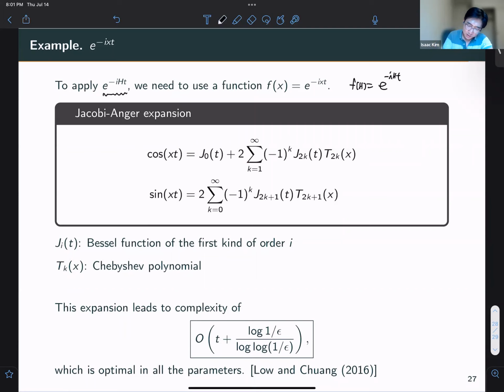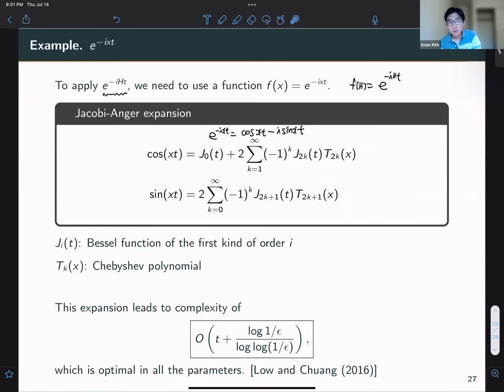The basic idea is that you use Euler's formula for this, and you realize that cosine xt can be written down as a sum of polynomials, and sine xt can also be written down as a sum of polynomials, where these things are known as Chebyshev polynomials, Bessel functions, basically some special functions and special polynomials that have been very well studied.